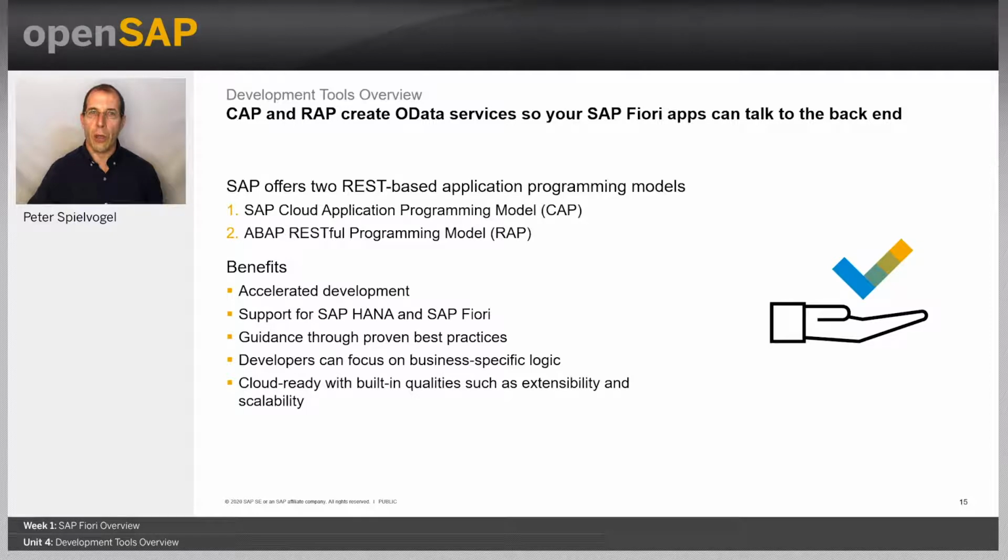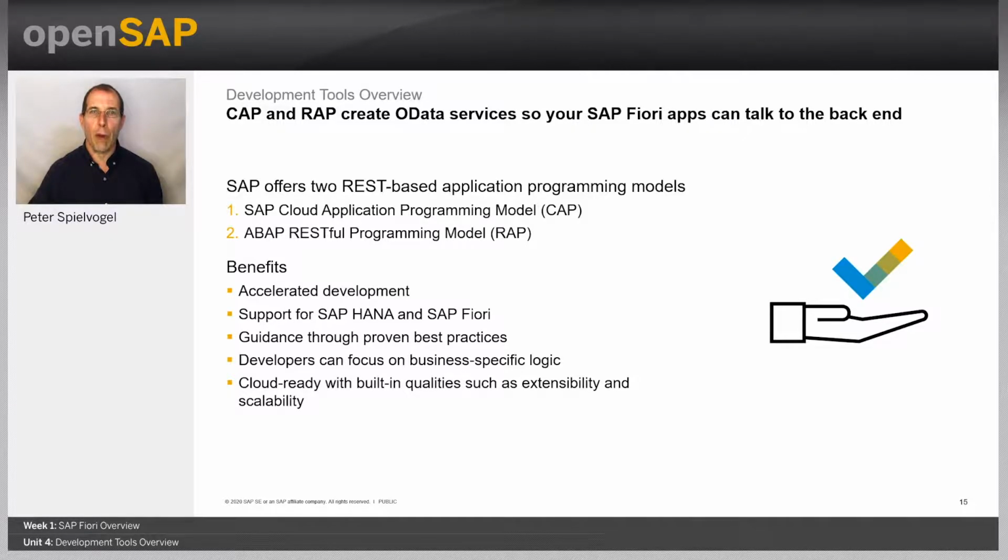Regardless of whether you choose the Cloud Application Programming Model, also known as CAP, or the ABAP RESTful Programming Model, known as RAP, you can connect your backend SAP data source and use the resulting OData service as the foundation for your SAP Freestyle app, Fiori Elements app, or native mobile app.